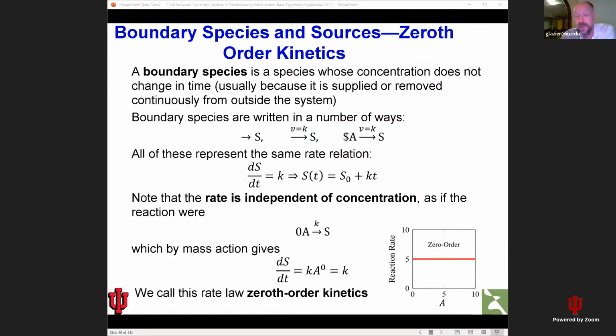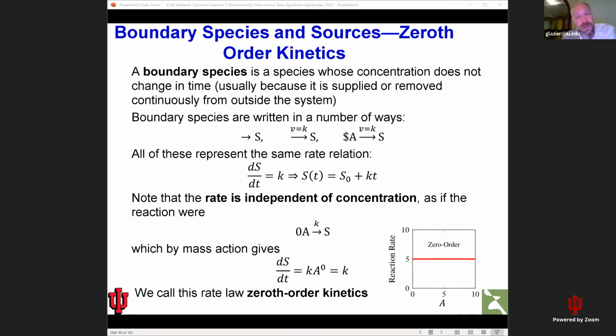There are a number of ways notationally to write that down. Occasionally, you'll see the $ symbol used to indicate a fixed value. Suppose that I have a constant external supply of a chemical. That'll be used with a $. And tellurium uses the $ to define boundary conditions. I tend not to.